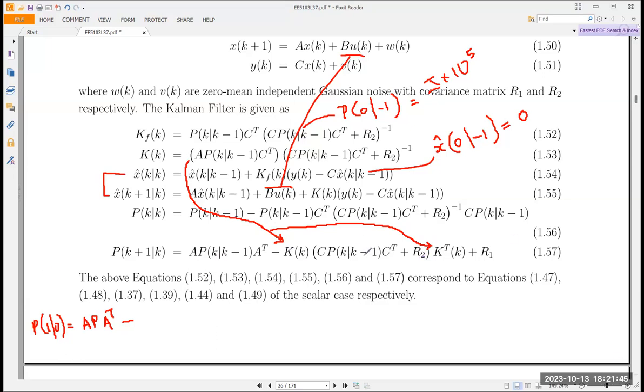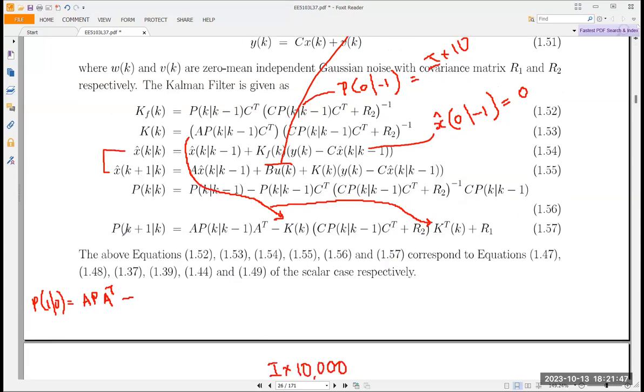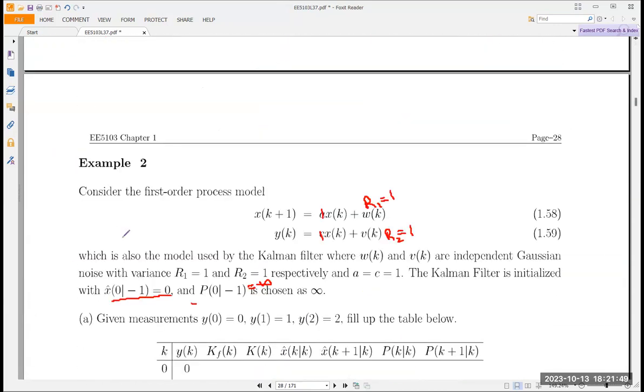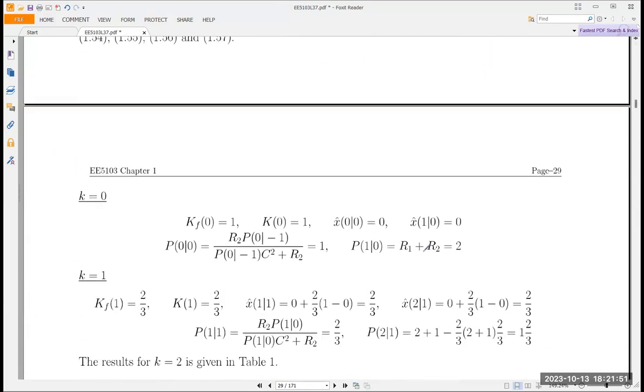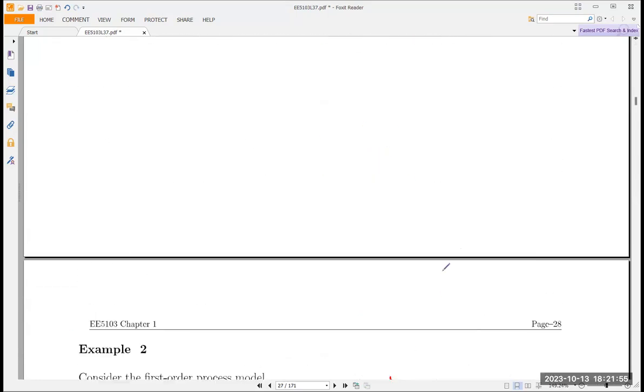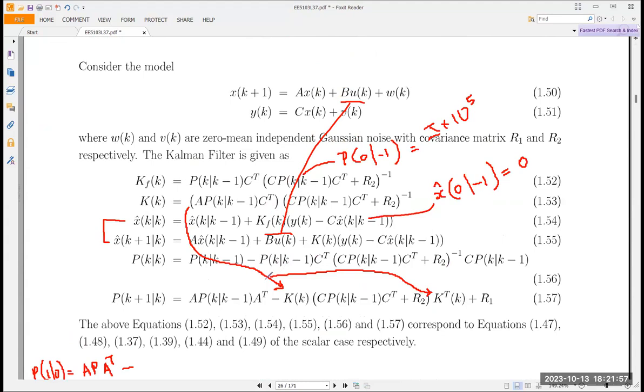You just let P equal infinity. You will then find that P10 equals R1 plus R2. You don't say that this is 1 and this is 1. It's because of a numerical problem. This is not exactly 1, because it is this over this plus R1.